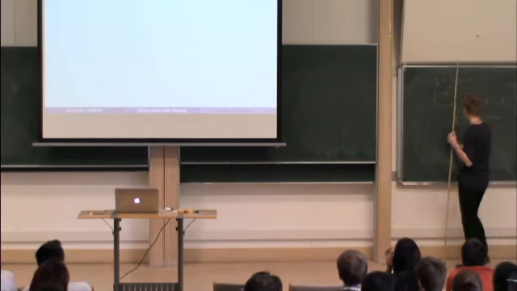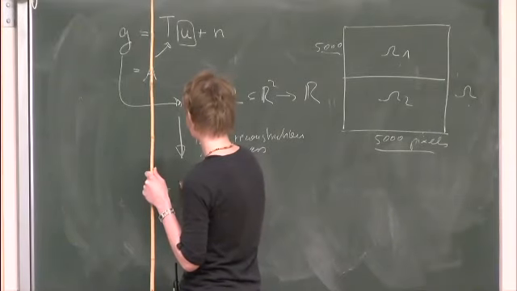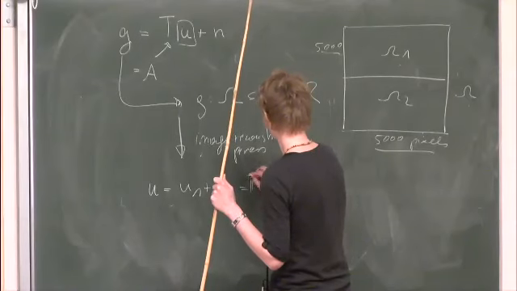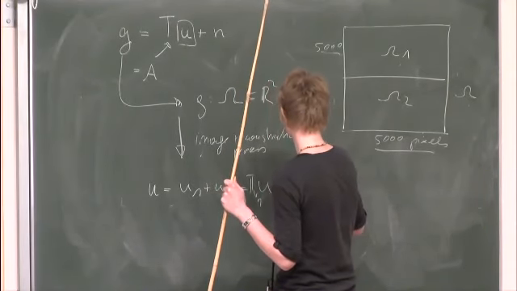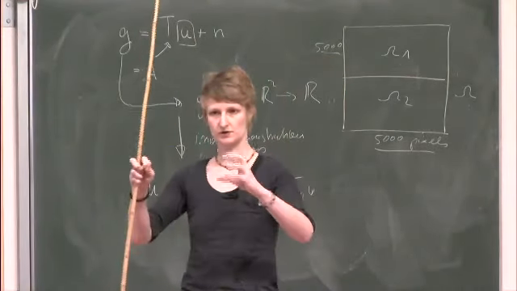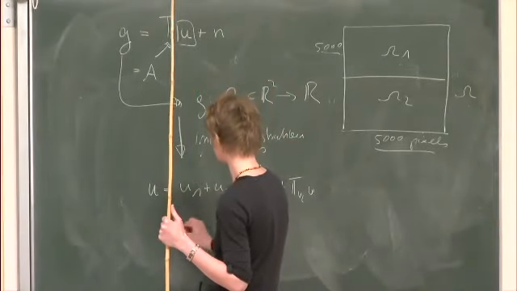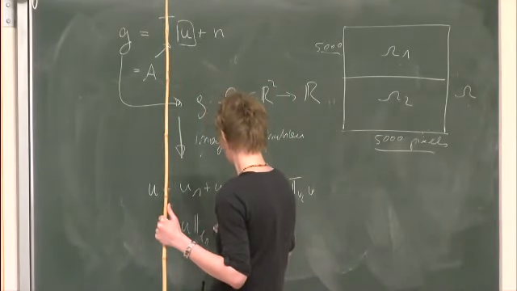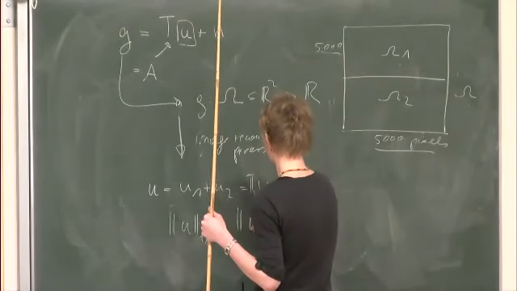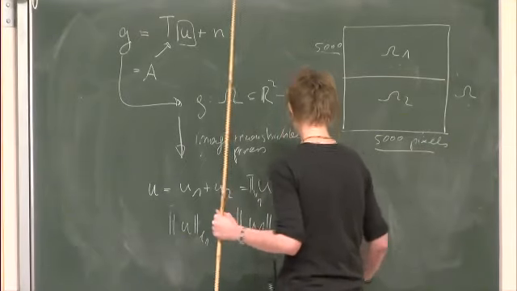If I have a function u, which is u1 plus u2, the projection of u on the subspace V1 plus the projection of u on the subspace V2, where V1 and V2 are two orthogonal subspaces of the Hilbert space H, then the L1 norm of u additively splits: it is the L1 norm of u1 plus the L1 norm of u2.